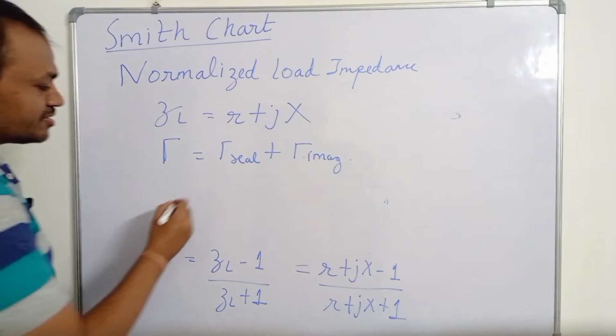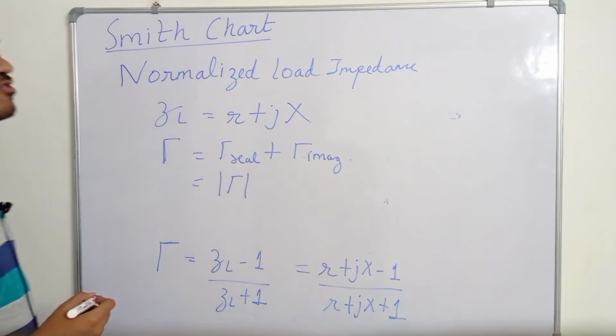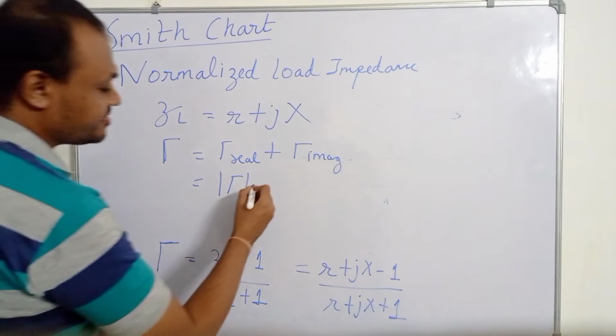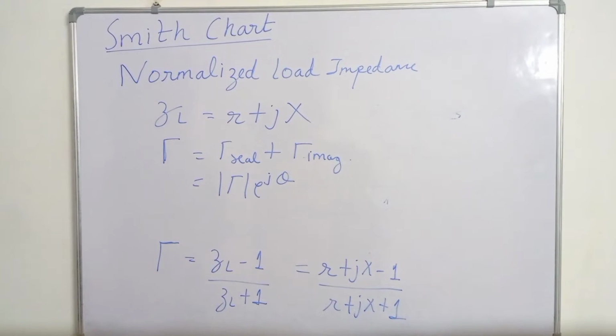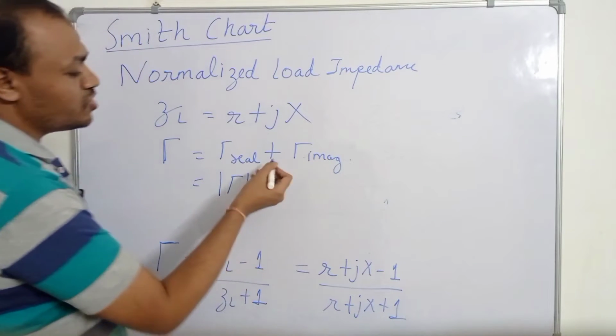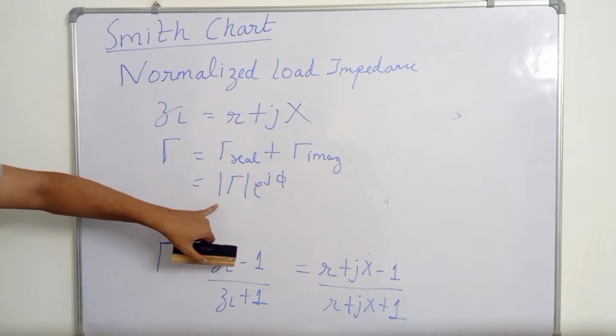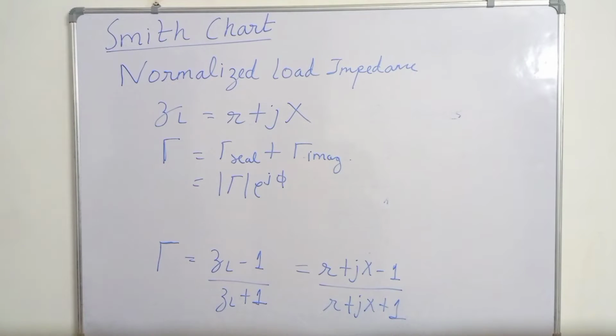It can also be written as mod of gamma times e to the j phi, where mod of gamma is the magnitude of the reflection coefficient and e to the j phi is the phase part.